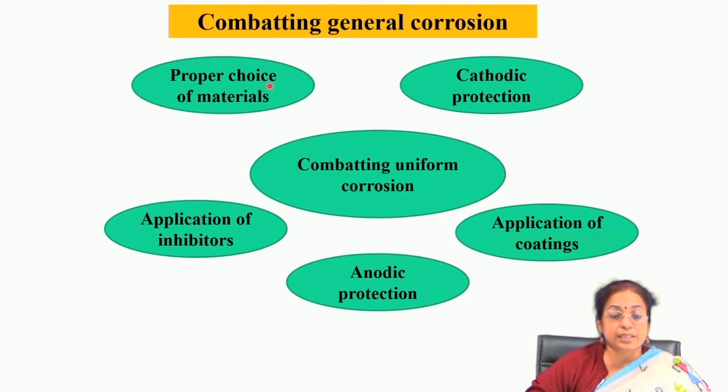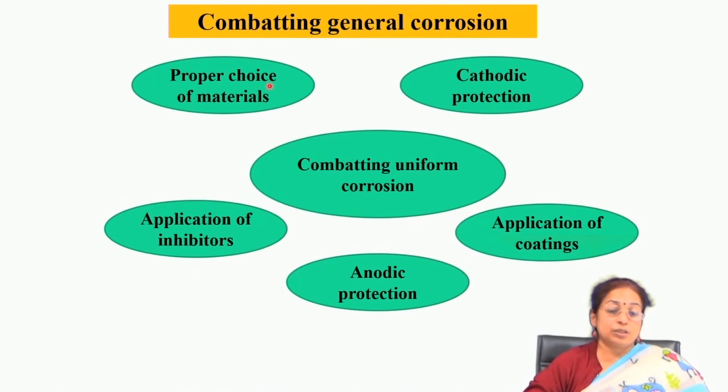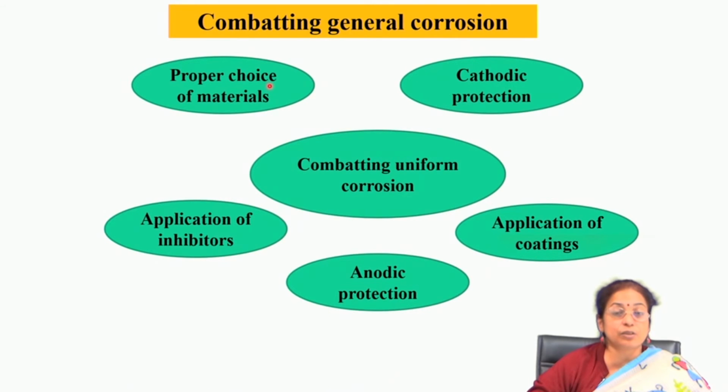For example, if you use stainless steel in nitric acid containing solution, you will find that there is no corrosion at all. On the other hand, if you use 304 stainless steel in chloride containing solution, there will be different types of corrosion, but if you choose the proper material in the proper place, for example titanium based alloys in chloride containing solution, it will work perfectly.